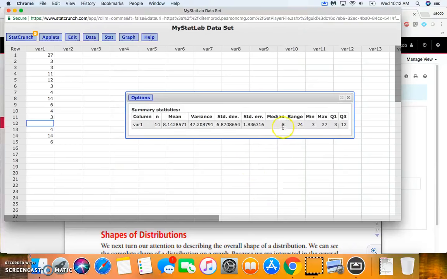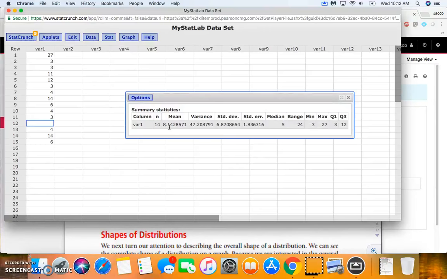And notice now that our median changed by a single point, and our mean dropped down from 8.9 to 8.14, so it dropped down by about 0.8.